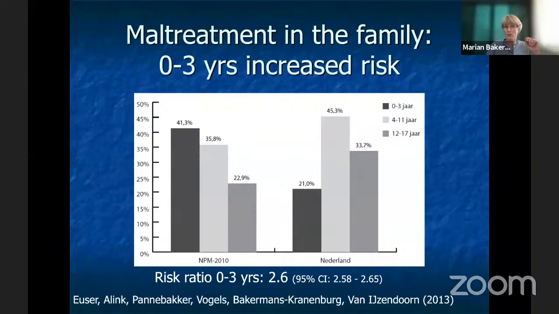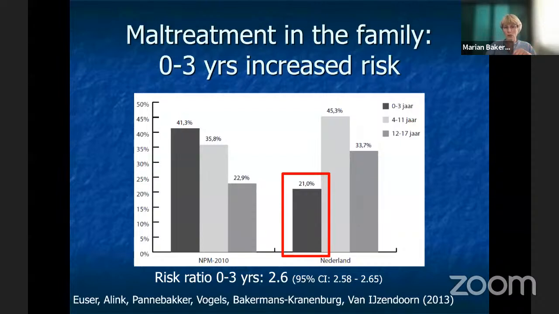We do know that maltreatment measured in the family, that young infants are at increased risk. What you see here is the prevalence of infant maltreatment in the Netherlands. And on the right-hand side, you see that among youth until 18, around 21% of all inhabitants of the Netherlands under 18 are between 0 and 3 years of age.